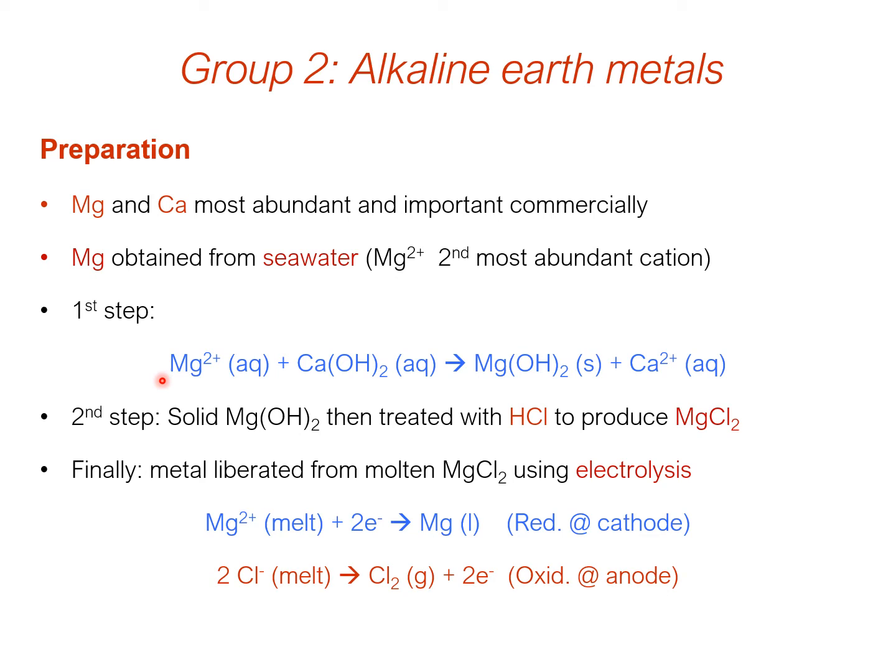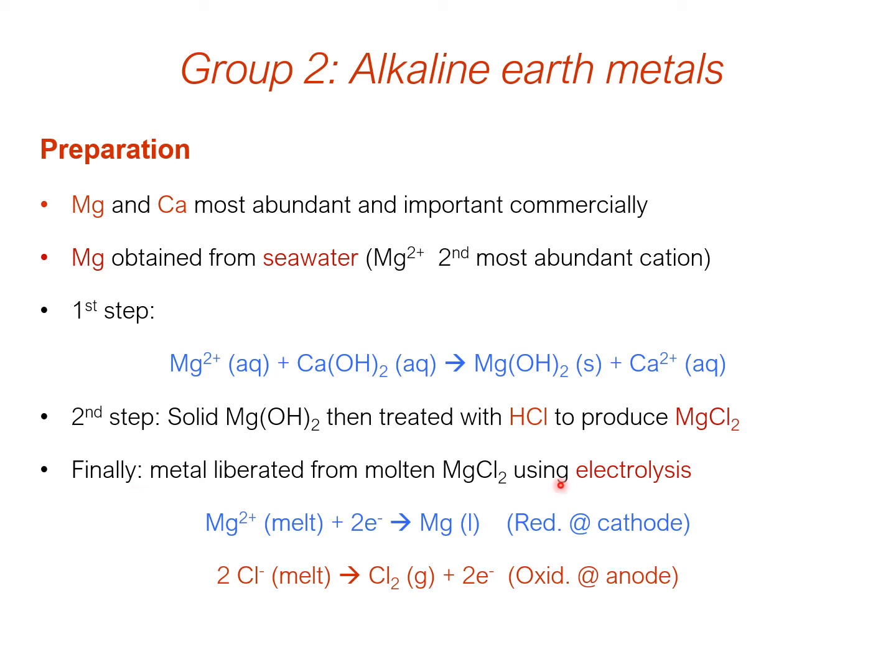First we react the magnesium 2+ cation with calcium hydroxide, and this is a displacement reaction where the magnesium gets the hydroxides and the calcium is just a calcium 2+ cation. The magnesium hydroxide will then precipitate out because it's not soluble in aqueous solution. This solid magnesium hydroxide precipitate is then treated with hydrochloric acid to make magnesium chloride.